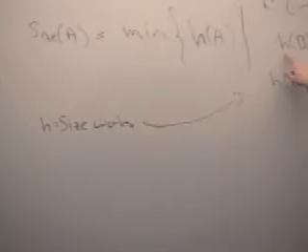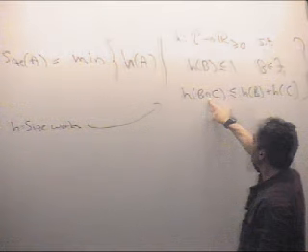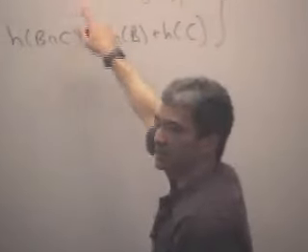So if h is the size function, then it's true that the size is no more than 1, and the intersection of any two sets has size that's no more than the sum of the sizes. Okay, so size would definitely work. And secondly, I don't know, h of b1 intersect b2, more than one or less than 1.